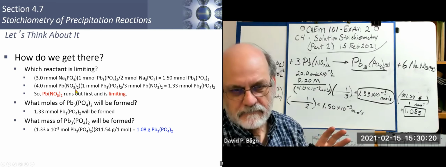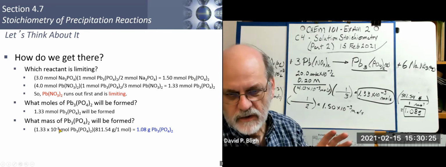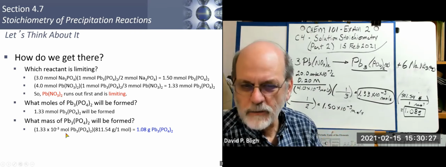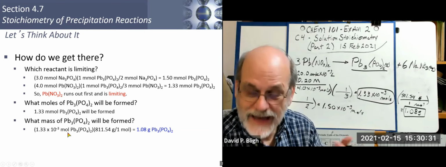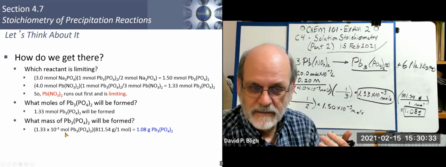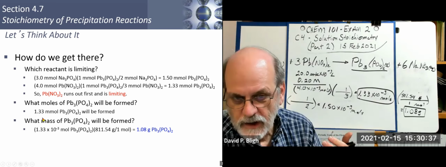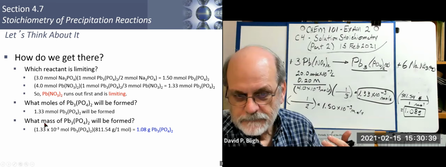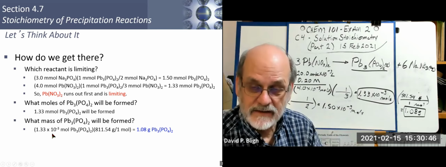When I say I'm converting these to millimoles over here, over here, and over here, well, when you get ready to do the conversions to mass, you're going to have to go back to moles. So when I go from here, 1.33 millimoles of lead 2 phosphate to moles, I just tack on a 10 to the minus third, because that's what milli means, 10 to the minus third.